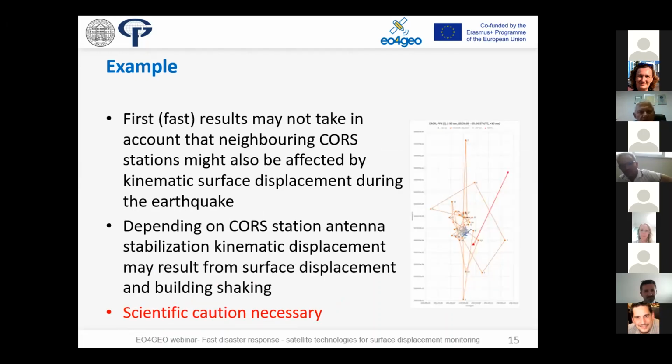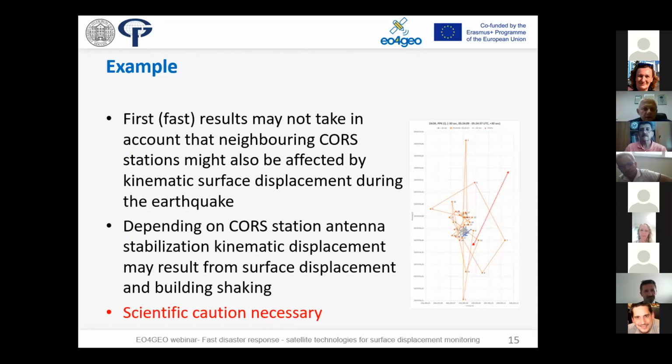Similar is with the computation of dynamic, so kinematic surface displacement during the earthquake. So if you want to do it, all those computations require time.